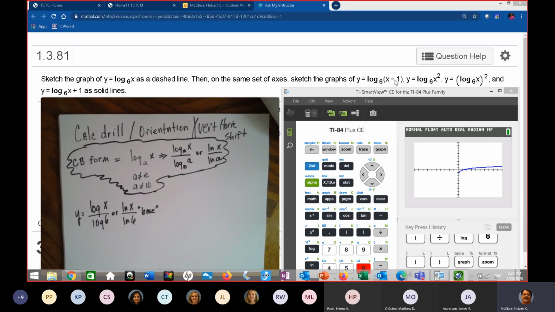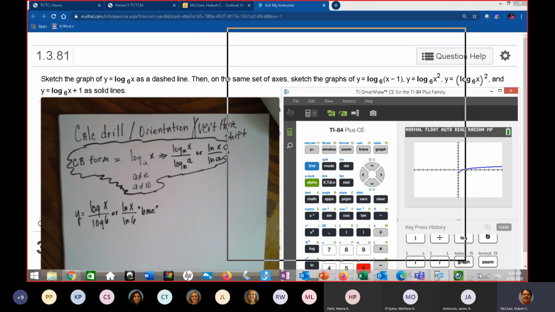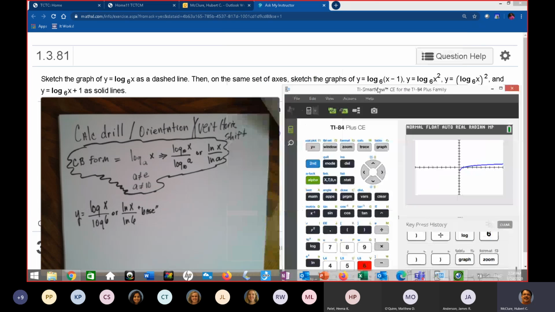So that's the horizontal shift of 1 to the what? Since the 1 is in parentheses with the x, that's a horizontal shift of 1 to the what? Right. To the right. So you need to make a note of that, but we're going to do it in the calculator. X minus 1 over 6. I'm sorry, x minus 1 over 6.